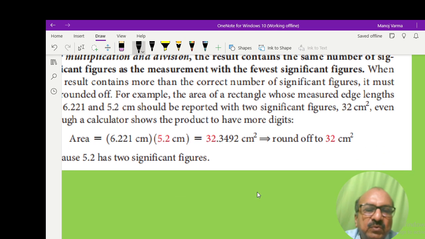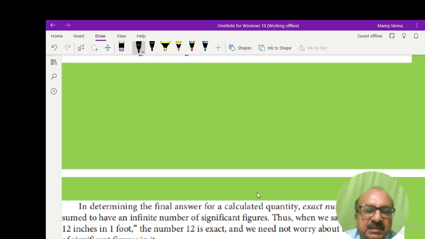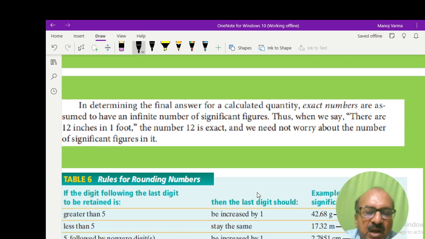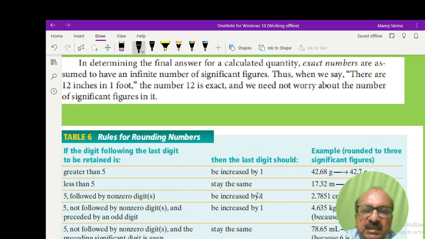I think you understood, and sometimes we have to round off. If we have to round to three significant figures, and if the number following the third significant figure is greater than 5, then this number gets increased by 1, so it becomes 42.7.